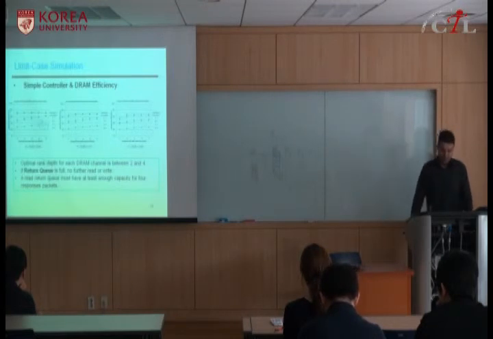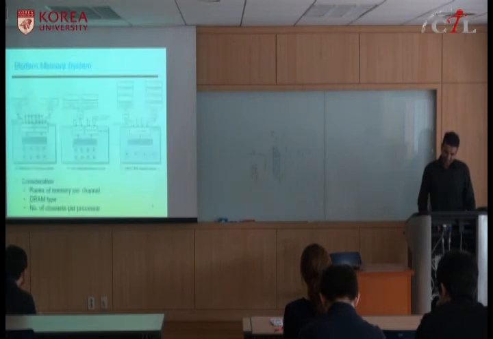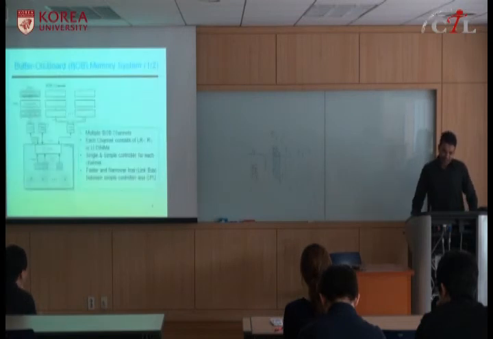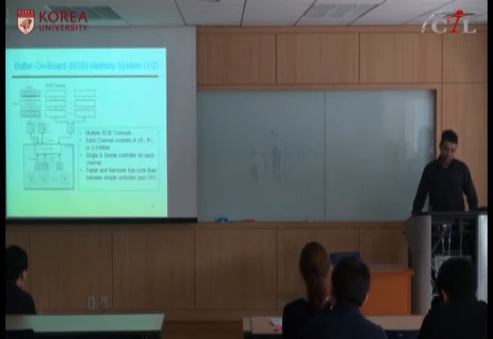So actually, my summary is that the authors try to find the optimum number of ranks, like how many DIMMs should be placed here, and how many channels should be used, what this should be, 64, and what the link width should be, that means how many bits should be considered here.